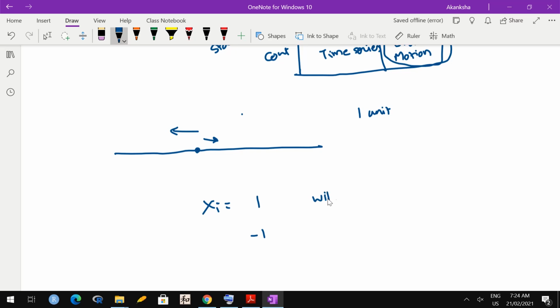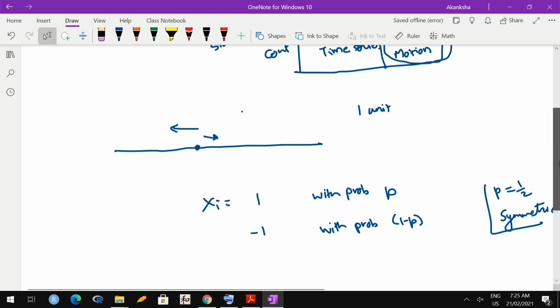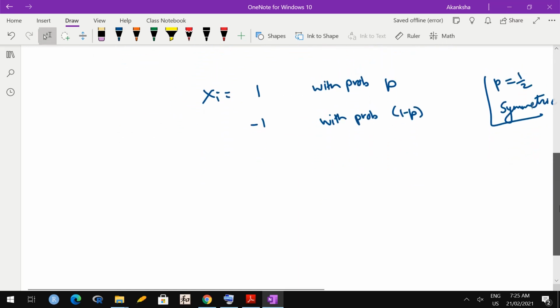So +1, let us say with probability p, and -1 with probability 1 minus p. Okay. And if you take p equal to half, then it becomes symmetric random walk. In general, it is just a random walk, but if we take p equal to half, it becomes symmetric random walk. Okay, so this is xi, but xi is not random walk.